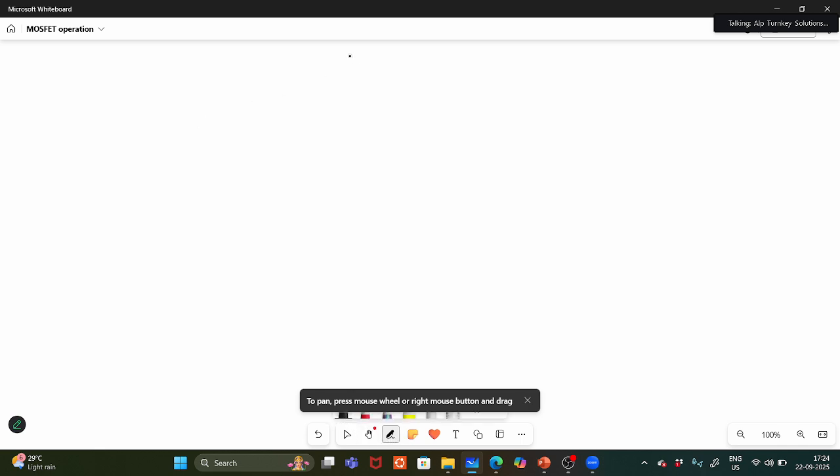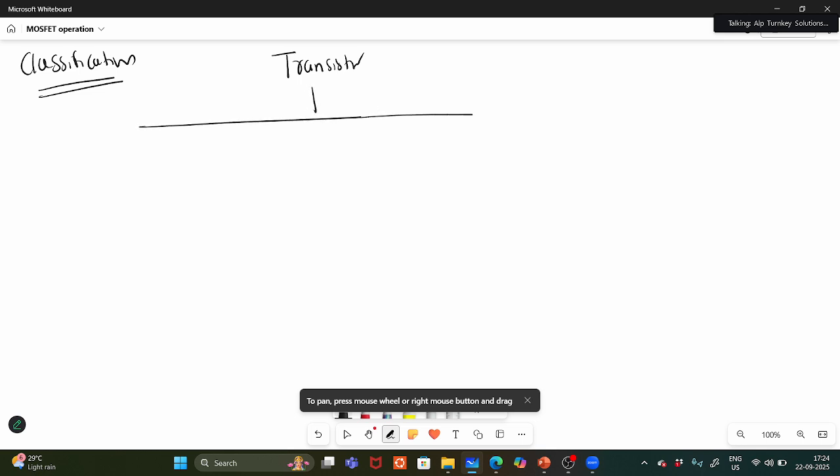Classification of transistors. Here you have the BJT, the bipolar junction transistor.